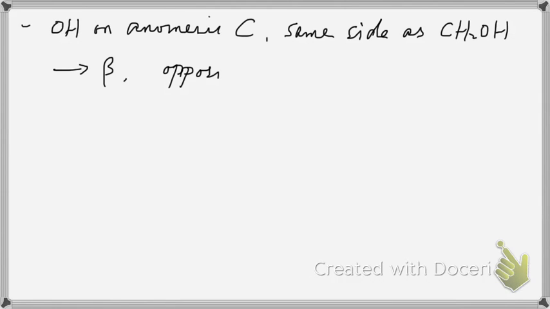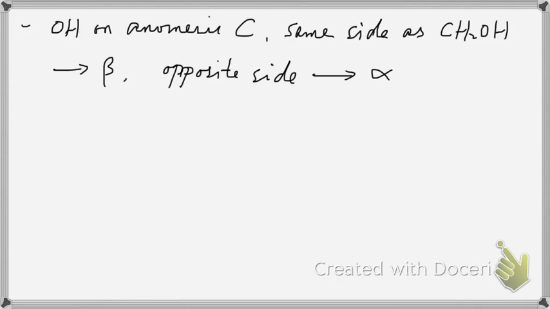The OH on the anomeric carbon, when it's on the same side as the CH2OH on the last chiral center, that's the beta form. When it's on the opposite side of the CH2OH, it's the alpha form. So alpha or beta, it's all relative.